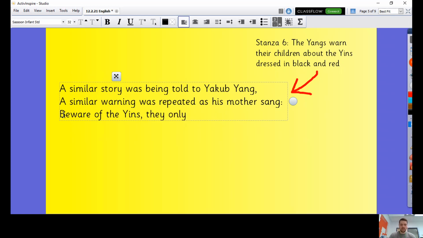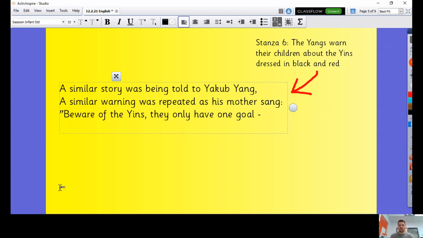They only have one goal." I know that goal rhymes with so, and I think that will work. Oh, I must remember to put my inverted commas. What is their goal? To obliterate, to demolish, to kill, to devour, to scare. Let's go for darkness and death. They will devour your happy.